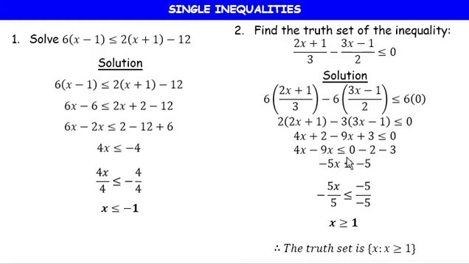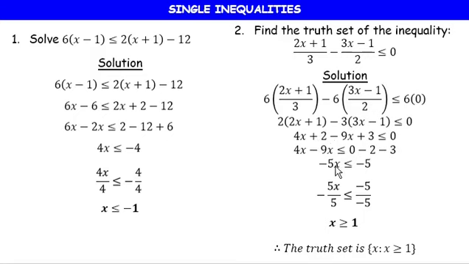So the next thing obviously is to group like terms, right? So we have, okay, in fact all the x are at one side, so let's rather move the constant or the numbers to the right side. So we have 4x minus 9x is less than or equal to 0. We are going to move this positive 2 to the right.